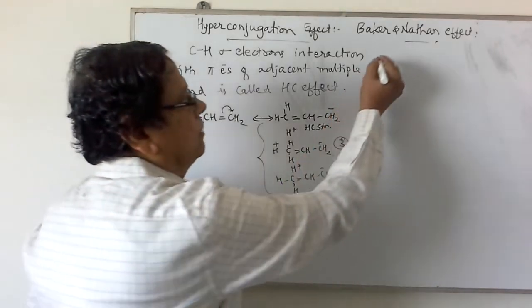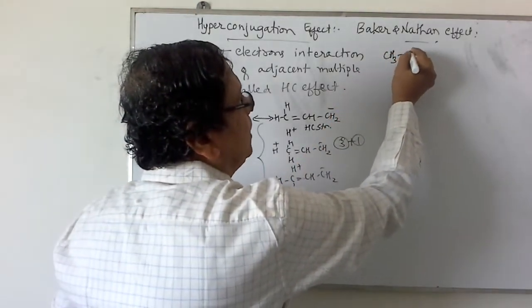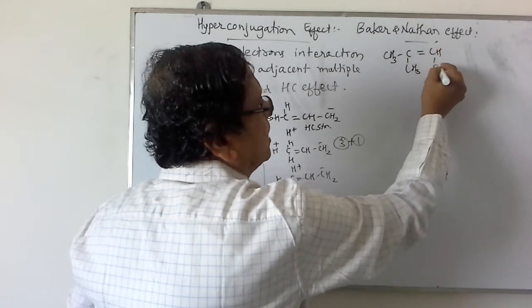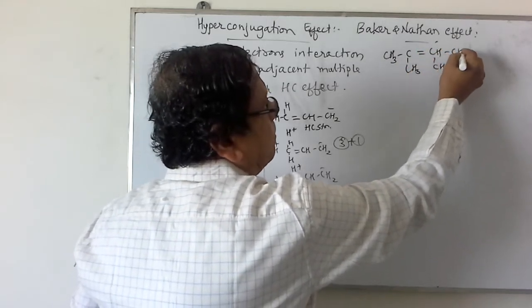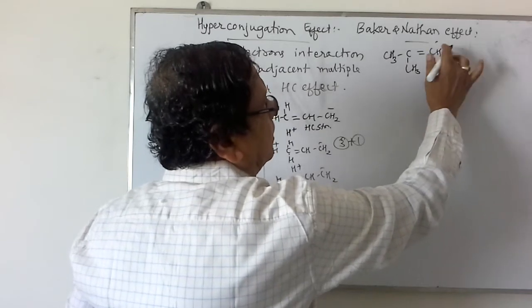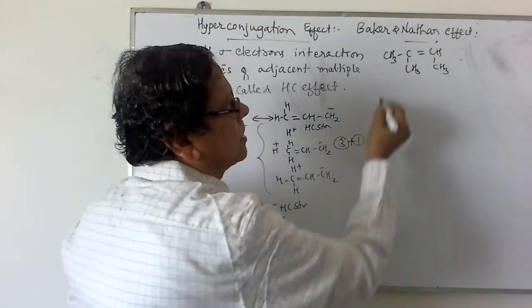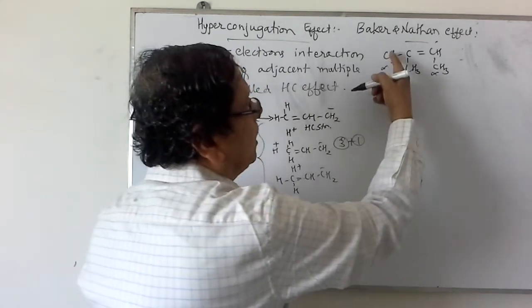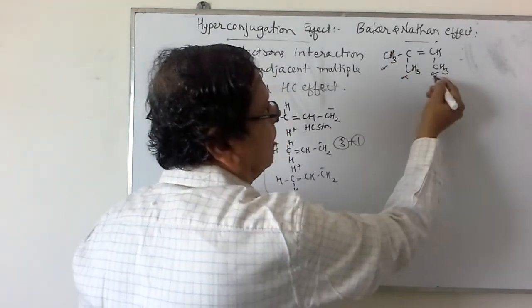Suppose I write CH3, C-CH3, double bond, CH-CH3, CH3. Sorry, CH2 I will write, CH I will write. Since this is the alpha carbon, this is the alpha carbon, this is the alpha carbon, totally 9 hydrogen atoms are there in the alpha position.